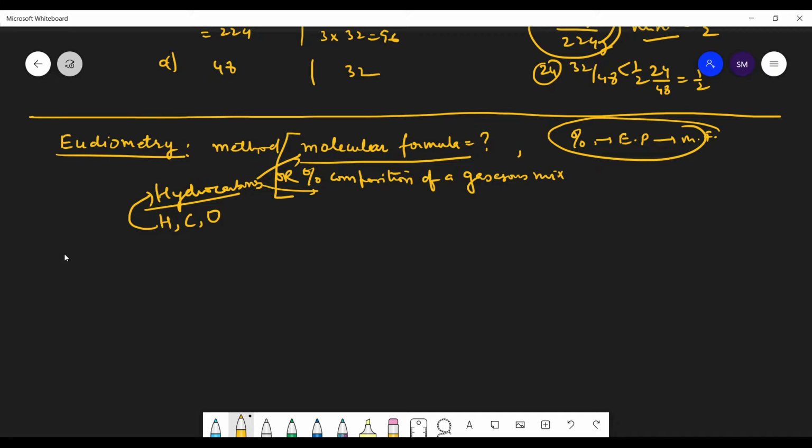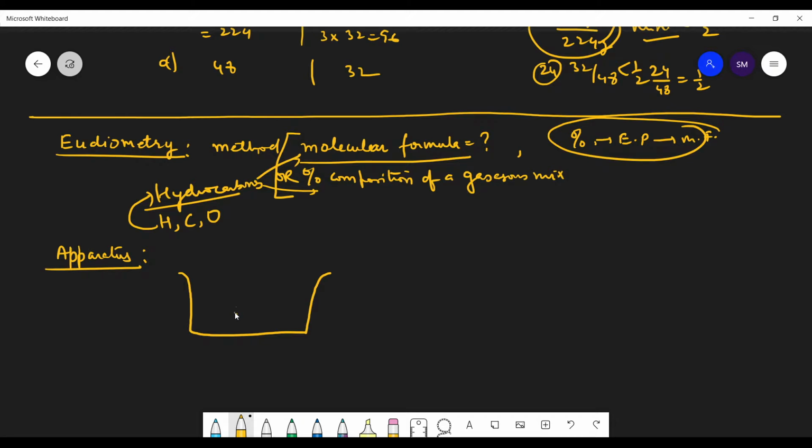So now, apparatus. What is the apparatus we have for this? We have this tumbler sort of thing, and then we have a graduated tube which is open at one end.